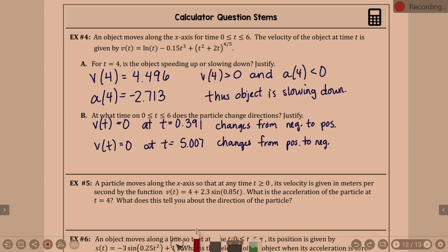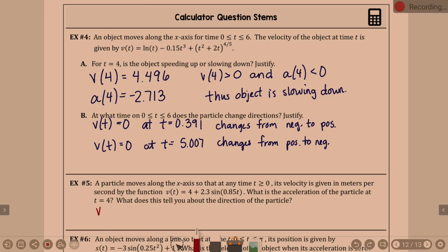What do we need to do here? Oh, this is a new problem. Totally new problem. What do we know about acceleration?